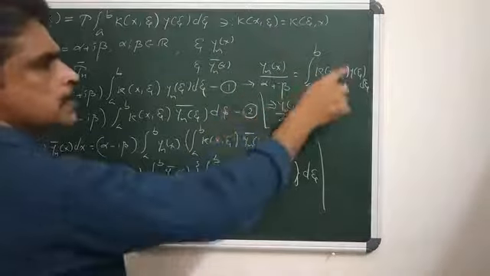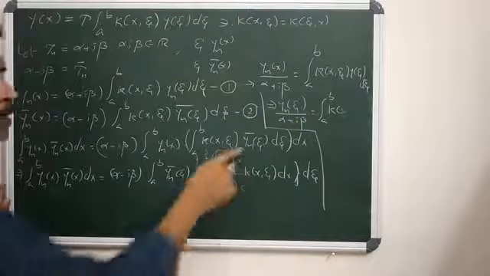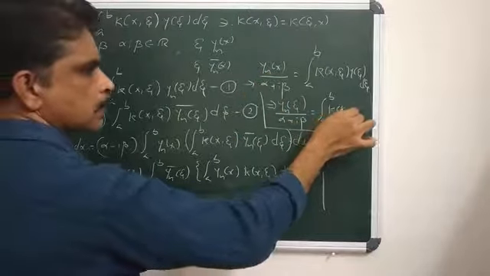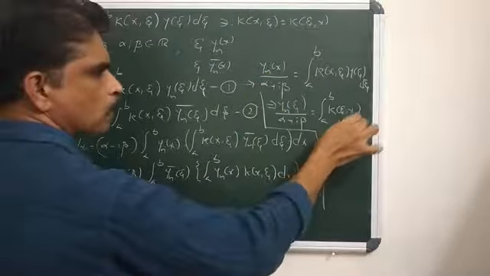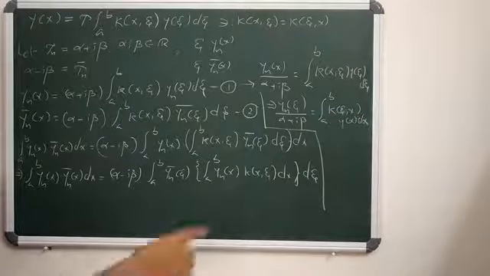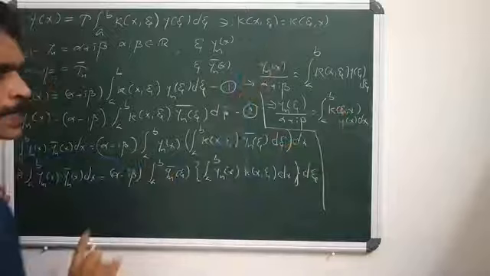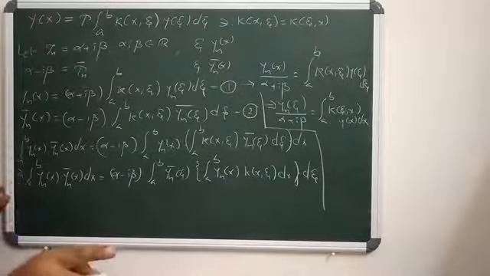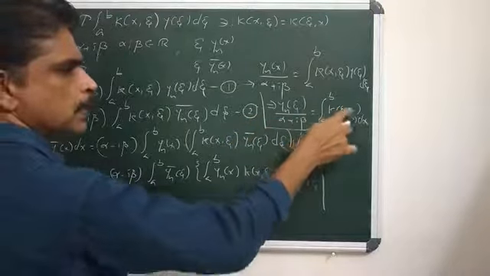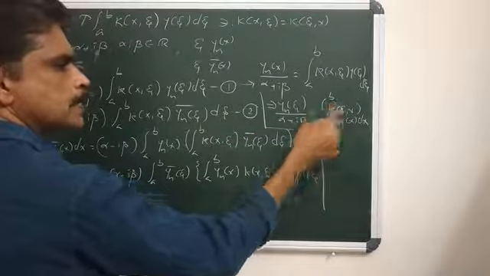You can interchange x and theta. So what you get is yn(theta) by (alpha plus i beta) equals the integral of k(theta, x) y(x) dx. But we know that k(theta, x) is the same as k(x, theta). Why? Because the given kernel is symmetric. So yn(theta) by (alpha plus i beta) is the integral from a to b of k(theta, x) y(x) dx.